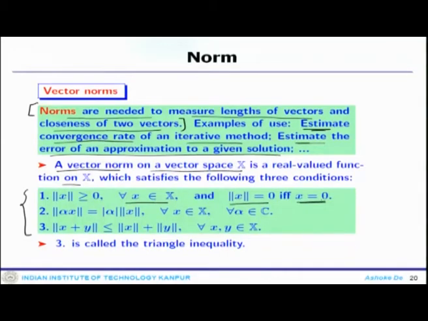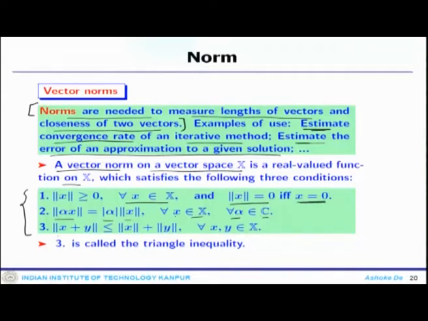Then if you multiply it with any scalar alpha and take the mod, this can be represented as mod alpha times the magnitude of x, for all x belonging to this vector space and for all alpha.